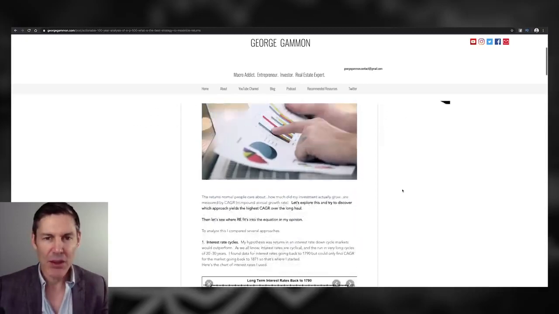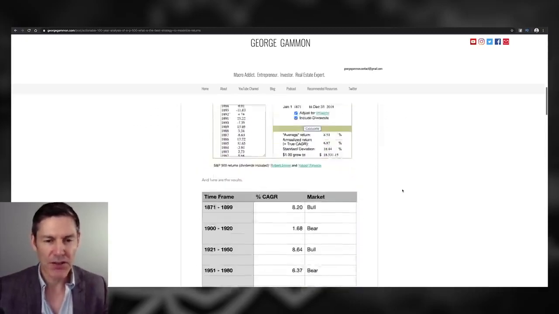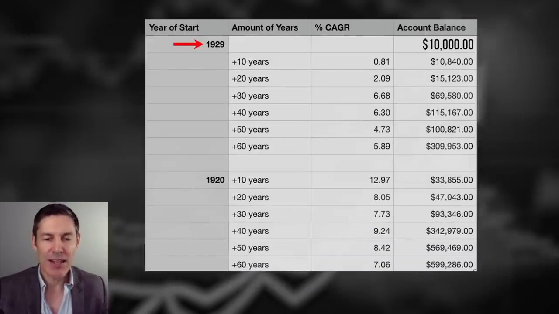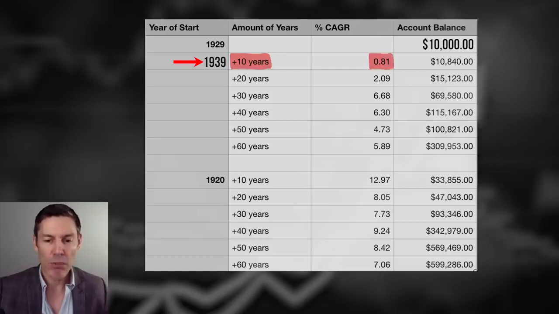Now that we've got that out of the way, let's go to a spreadsheet that starts at 1929. This assumes you invested $10,000 adjusted for inflation, and it adds dividends. At the end of 10 years, so 1939, your compound annual growth rate would have been 0.81%.